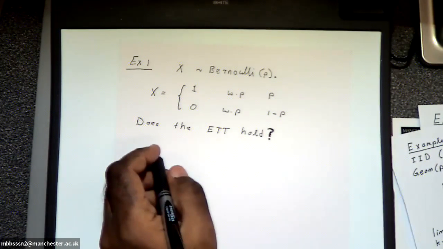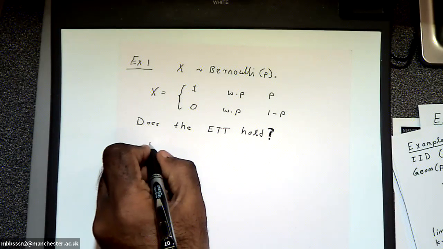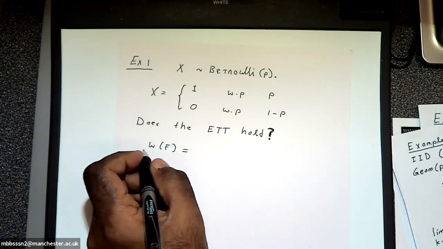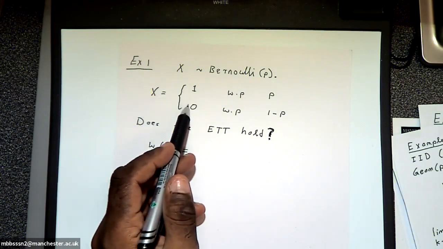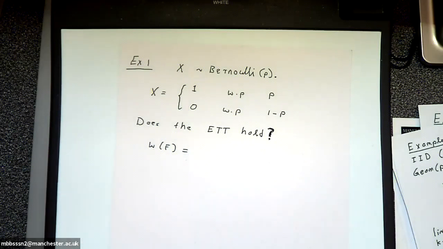So basically, the first thing we need to work out is W of F. As you can see, X can take only 2 values, 0 or 1. Remember, in the quiz, I know some of you tried to solve the equation CDF equal to 1. That was okay in the quiz, but sometimes solving that can be really hard and can take you a lot of time.